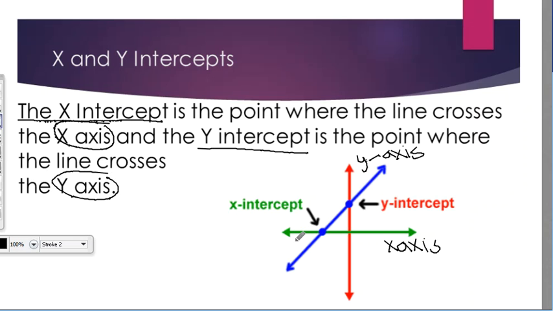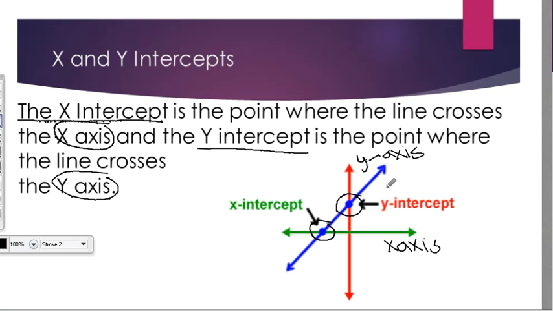Okay, so if we look at this green line right here, our x-axis, we can see that this point right here is our x-intercept because that's the point where the line crosses through the x-axis. And the red line is our y-axis, and we can see that this point right here is the y-intercept because that's where the line crosses through the y-axis.